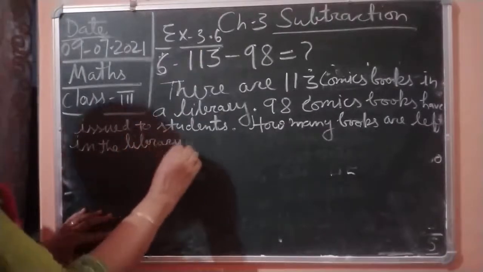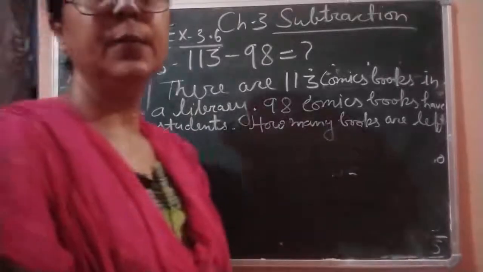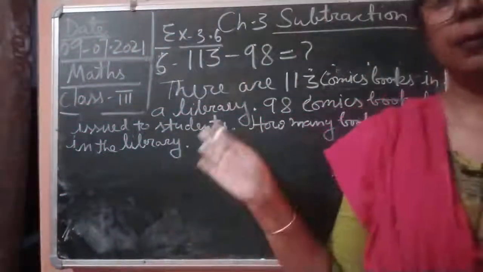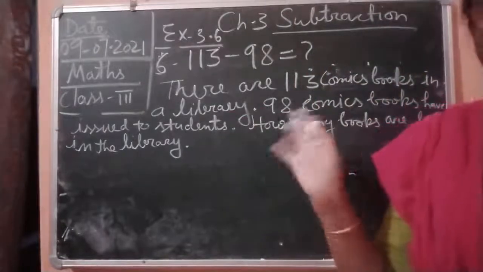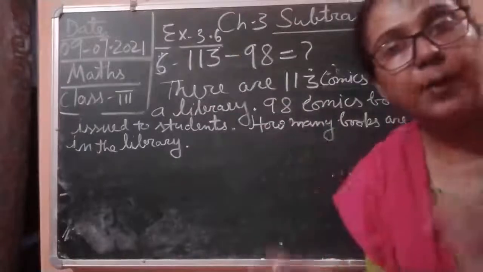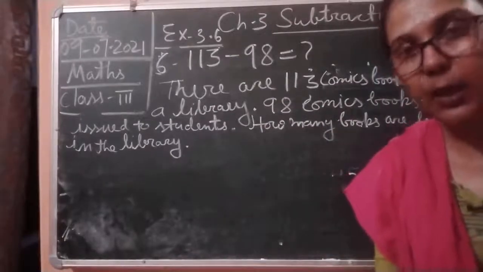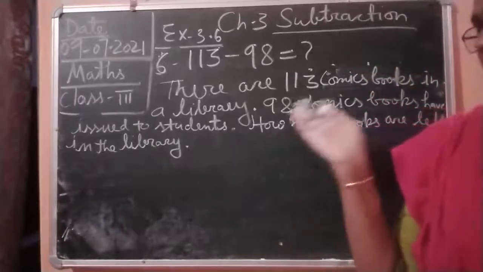So the question I have done, you can see I have created. Because this is a big amount, that is why I have taken the object books. Okay, so there are 113 comics books. Comics जो कि आप जनरल पढ़ते हैं, मज़ेदार होती हैं, only for fun we are just reading.